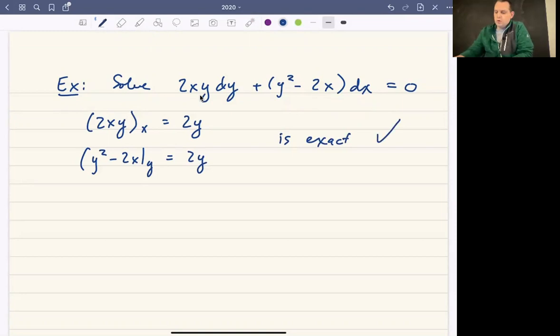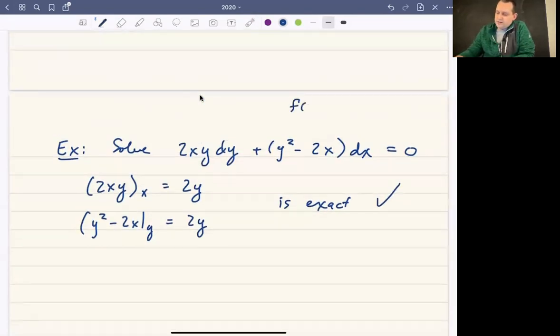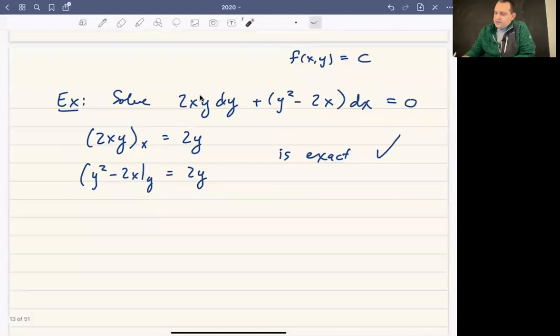So remember, our goal is to figure out what's the function f of x, y, so that f of x, y equals c is our solution. Okay, and so what we know is that this quantity, y squared minus 2x, is equal to the derivative of our function f with respect to x.